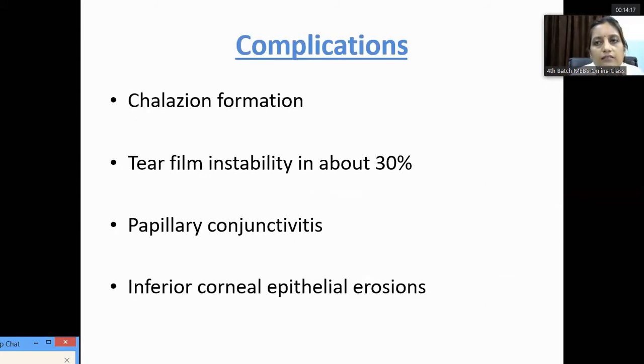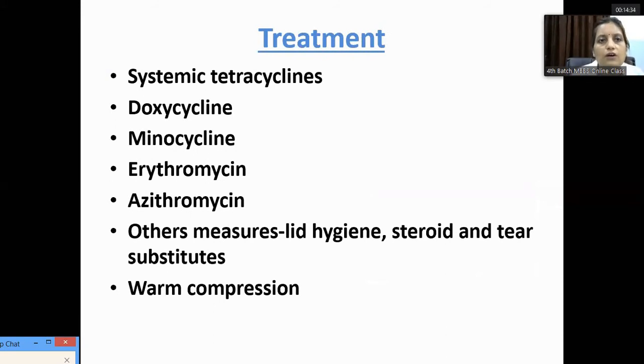So as a result of these long-standing conditions, different complications like chalazion formation, tear film instability in about 30% of cases, or sometimes 50%, we also get papillary conjunctivitis and inferior corneal epithelial erosions. Treatment is the same, but in chronic cases sometimes topical medication alone does not heal.